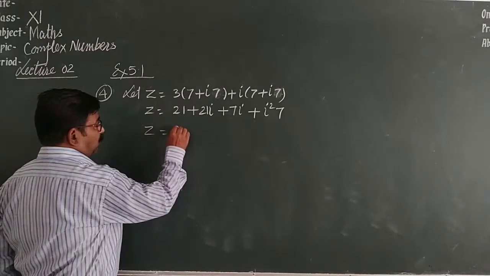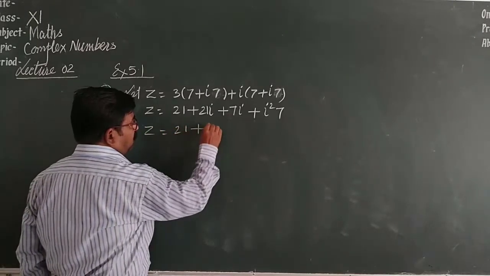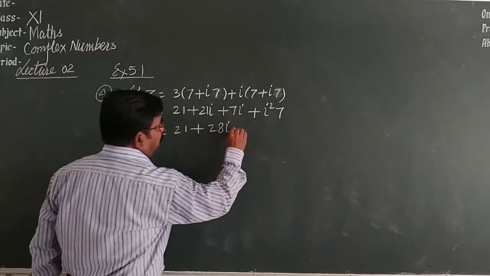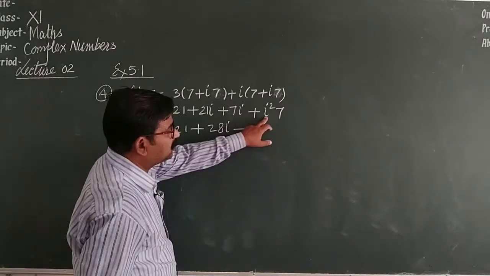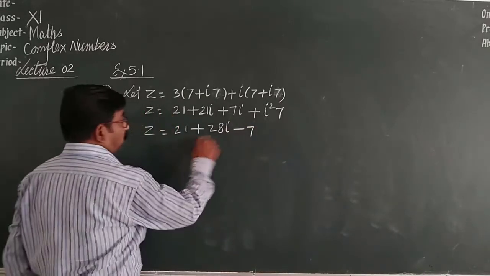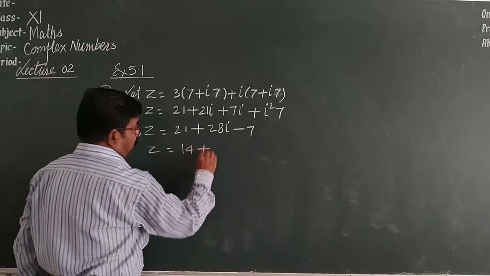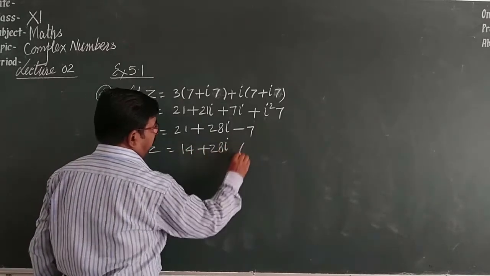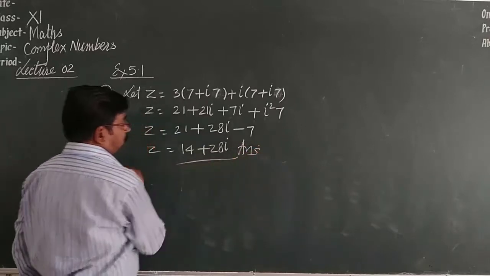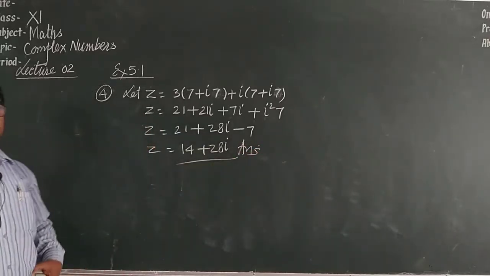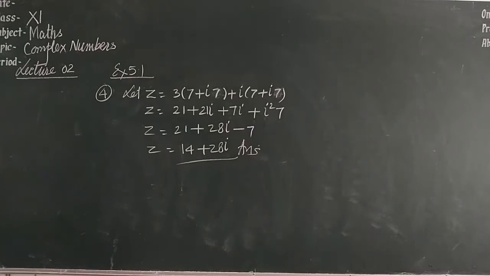We have z is equal to 21 plus 28i minus 7, since i square is minus 1. So 21 minus 7, z is equal to 14 plus 28i is the answer. This is the form of a complex number. So similarly, we can solve the other problems also.